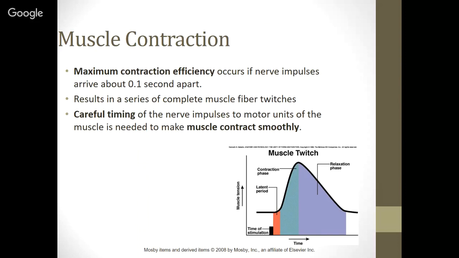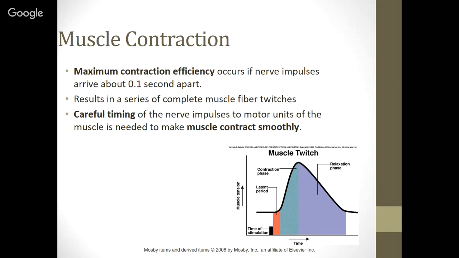If you get another impulse before that 0.1 second, it's not going to be able to contract again. So this results in a series of complete muscle fiber twitches. So twitch, twitch, twitch, twitch, twitch. Careful timing of this allows that muscle to contract smoothly. We don't feel those twitches because they're happening so fast.